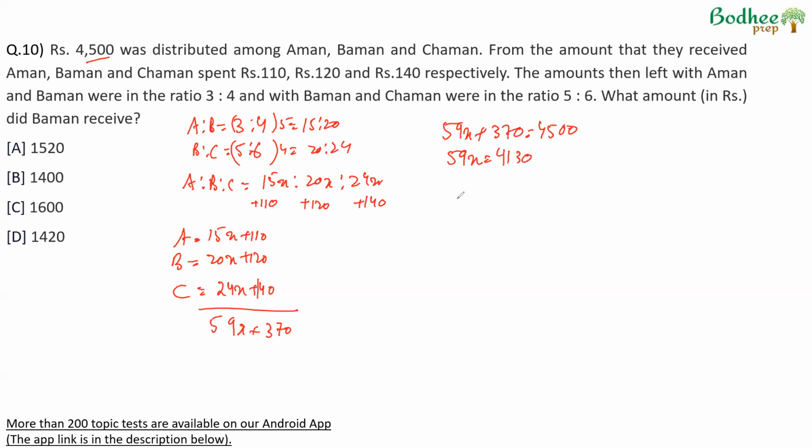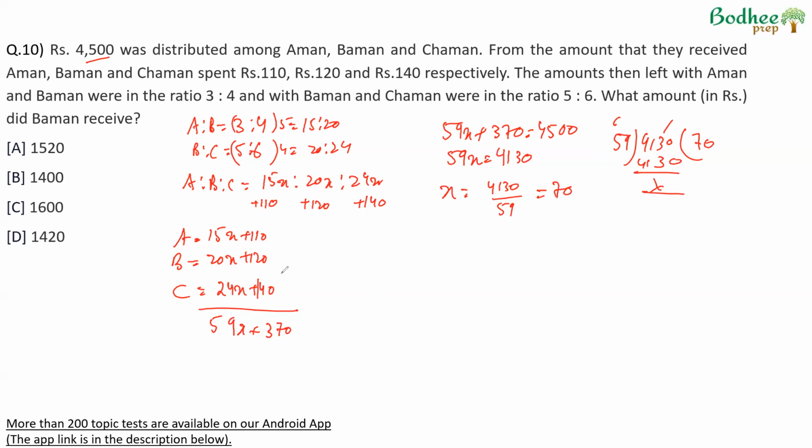4,130. X is equal to 4,130 upon 59. This comes out to 70.